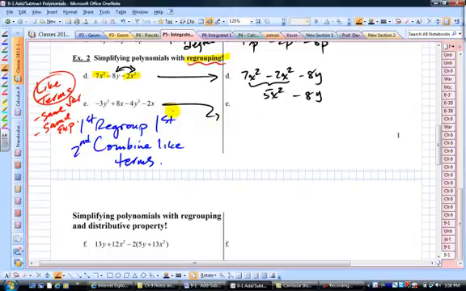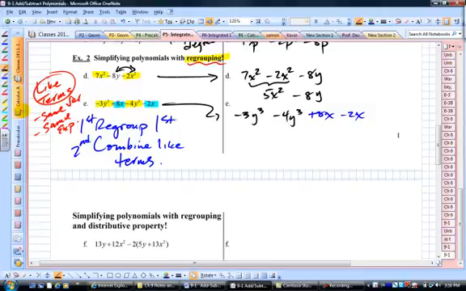On this one, we have the cubic terms that are like terms right here, and then we have the x terms that are like terms. We'll start off with the highest degree, the cubic term. So we have a negative 3y cubed minus 4y cubed, and then the x's: we got a plus 8x here and a minus 2x here.